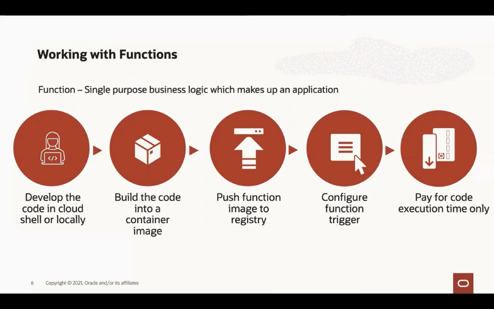In the world of serverless computing, your team can focus solely on developing that code or building functions. And this is the first step in our serverless workflow. So you would then take that code you've developed, build it into a container, push it up to your cloud provider's registry, configure a trigger, and a trigger is just what is going to invoke your function, and that's it.